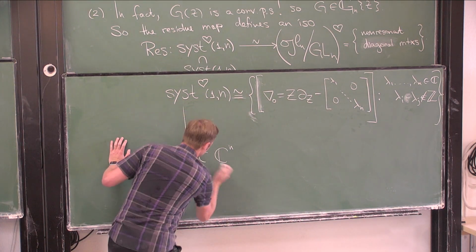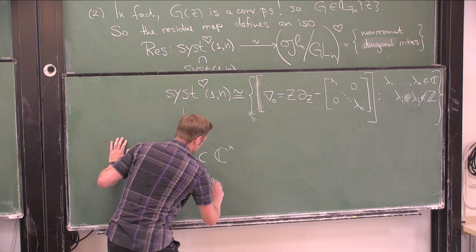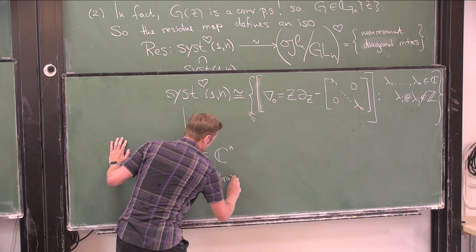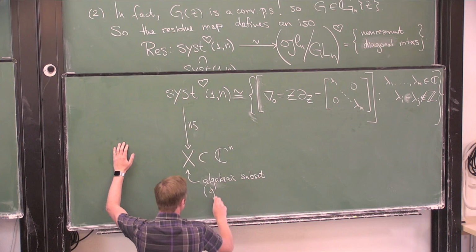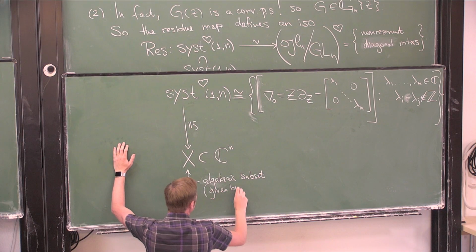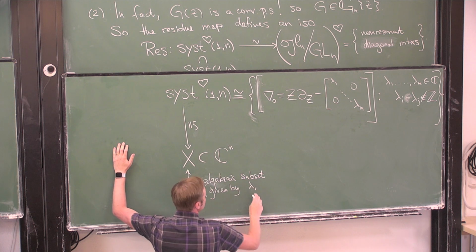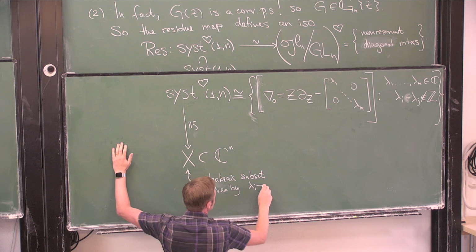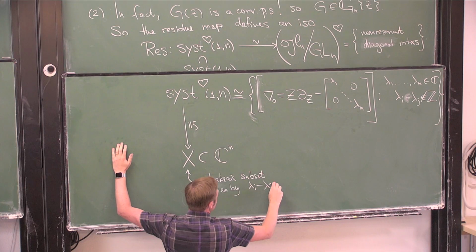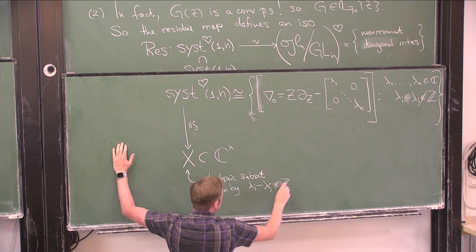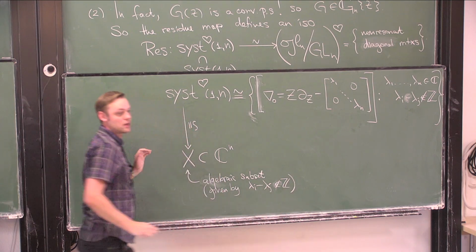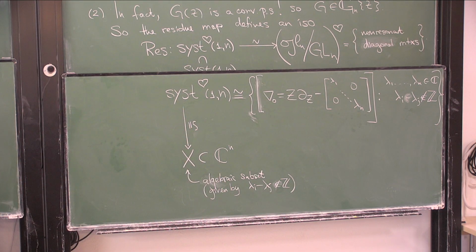It's an algebraic subset. It's literally just given by lambda i minus lambda j is not, I guess, so it's infinitely many algebraic conditions, but they're all algebraic conditions.